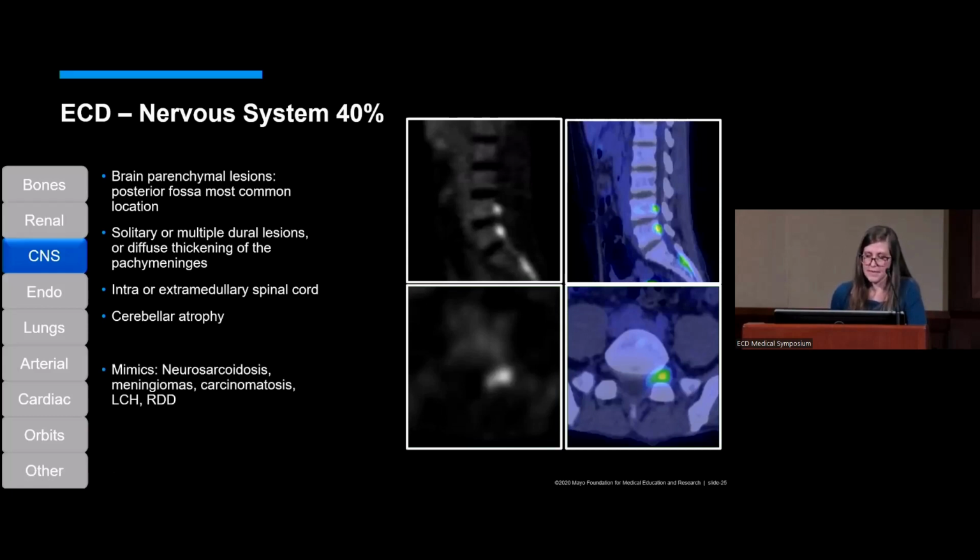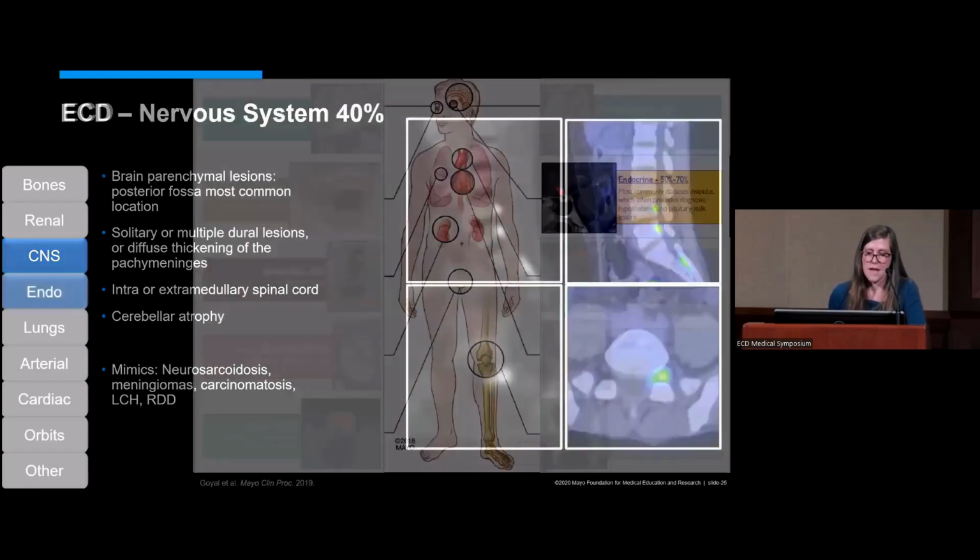And depending on the presentation, there can be a lot of different mimics. Neurosarcoidosis can be considered. If there are dural-based lesions, meningiomas can be mimics. Different malignancies or carcinomatosis, and LCH and RDD can also have nervous system involvement.